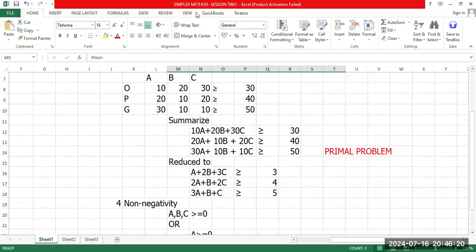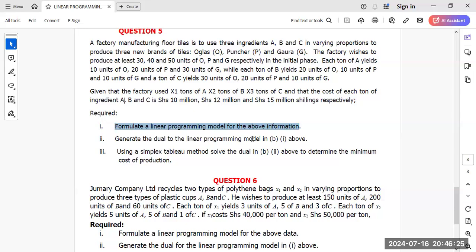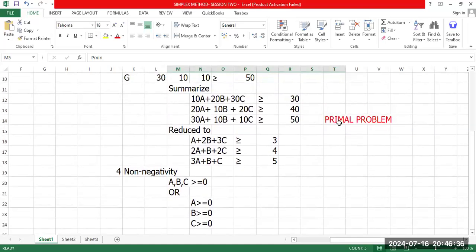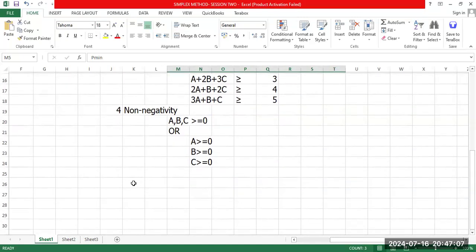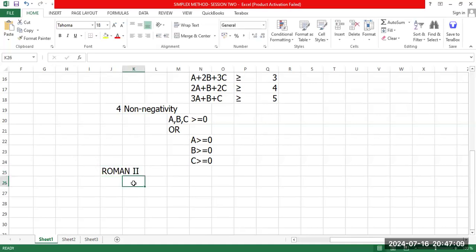But in Roman 2, they are telling you to generate the dual to the linear programming model. It's like you are trying to convert the original objective. For Roman 2, we are to formulate the dual problem.